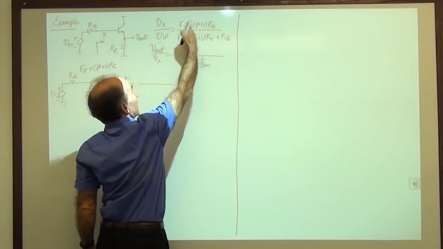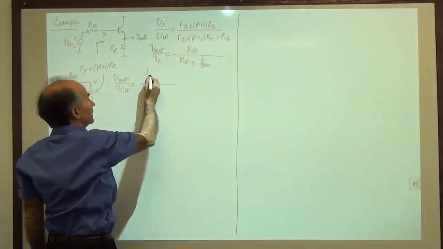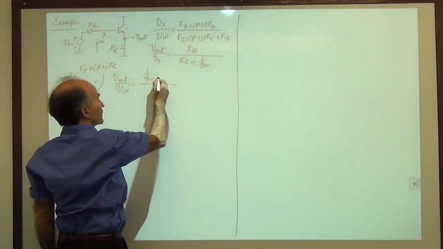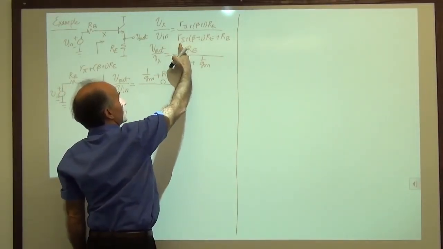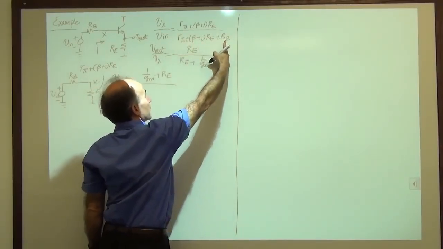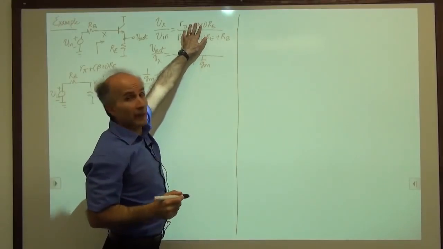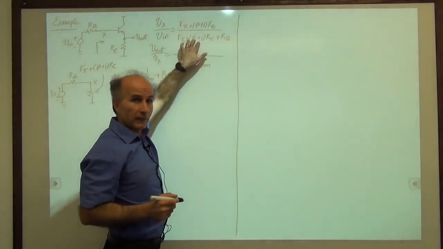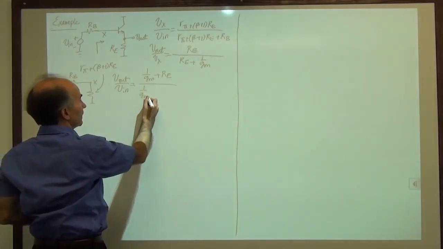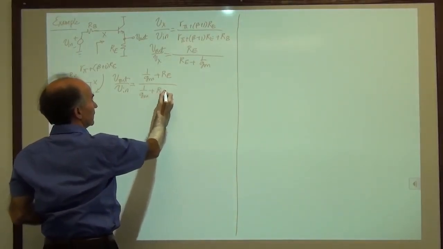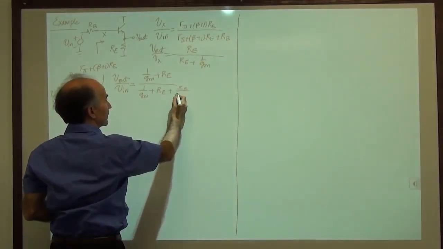If I factor this out, I have 1 over Gm plus Re in the numerator, and then here I have 1 over Gm plus Re plus Rb over beta plus 1. I am factoring beta plus 1 out from the numerator and the denominator. So 1 over Gm plus Re plus Rb over beta plus 1.